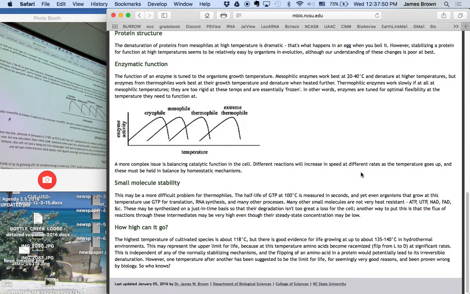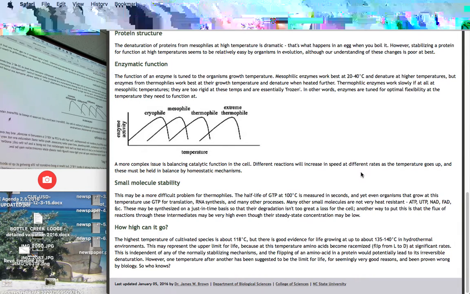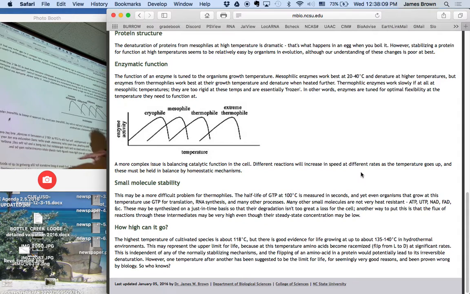Imagine what effect the flipping of an amino acid in the middle of a protein has. It typically will cause denaturation of that protein. And that inversion or racemization of amino acids has pretty significant rates at temperatures of 130 to 150 degrees centigrade. And may represent then the kind of ultimate limit for how high a temperature you can live at.